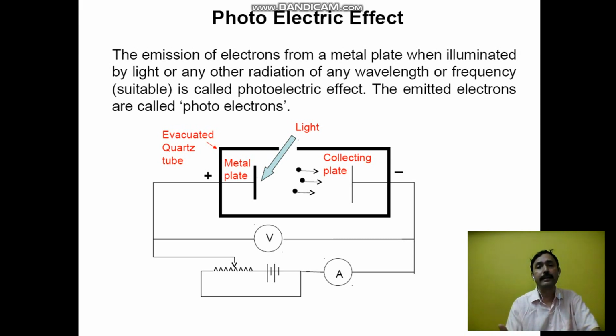And using this kinetic energy, these electrons will move from the metal plate to the collecting plate, and we will get the photoelectric current. The frequency for which electrons are just on the metal surface, with no kinetic energy, is known as the threshold frequency.